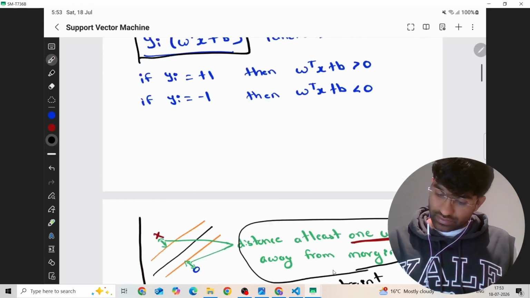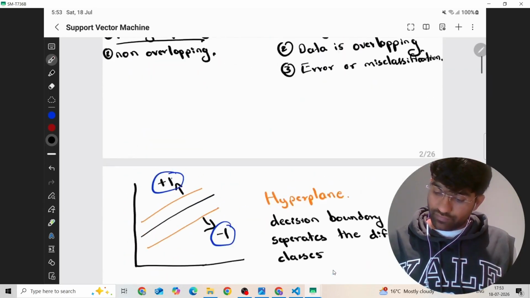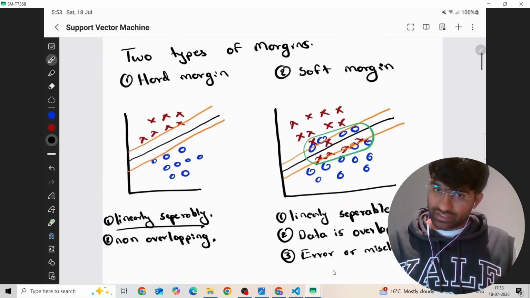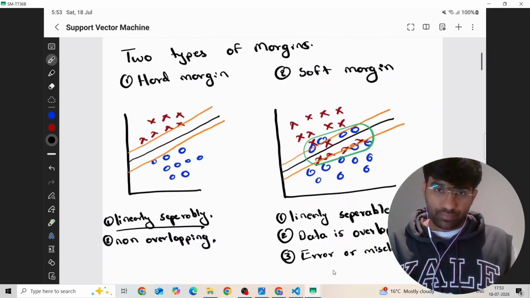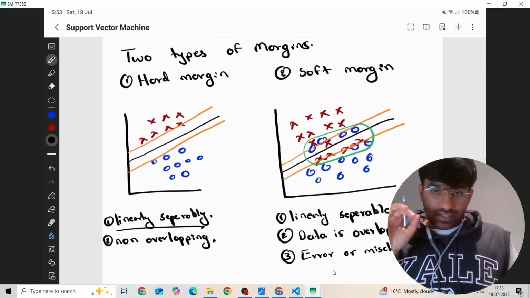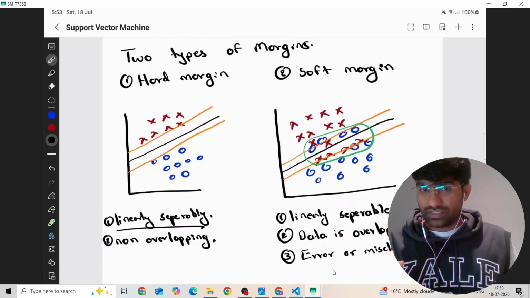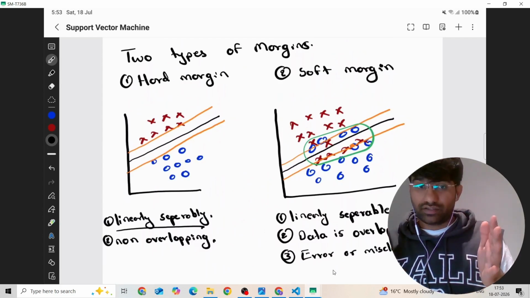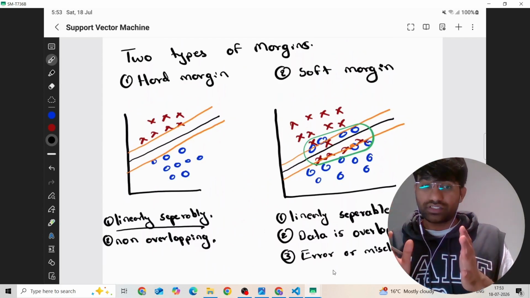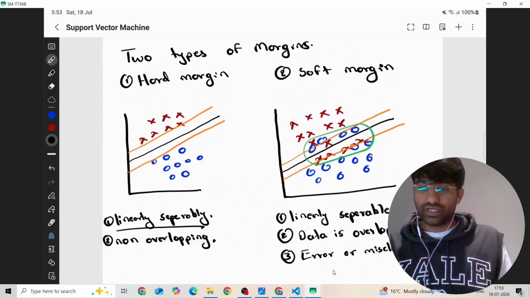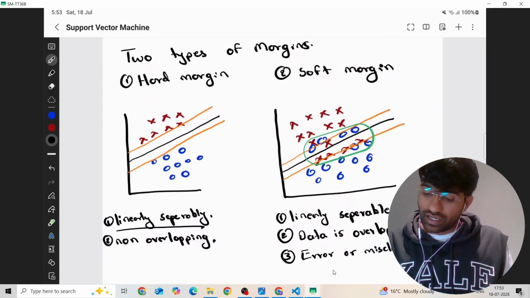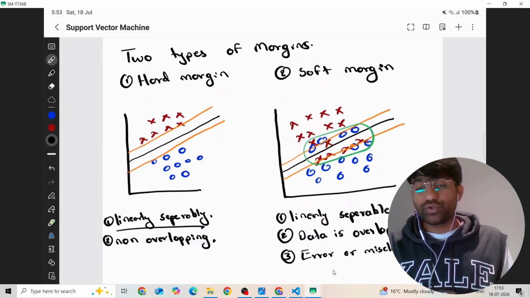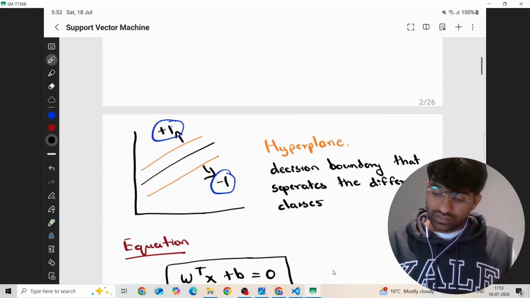So let's see this. I have explained soft margin, right? Data will be overlapping. In real-time data, there is no hard margin. No data is perfectly classified. There will be overlapping of data, and in the real world you have to find the soft margin.